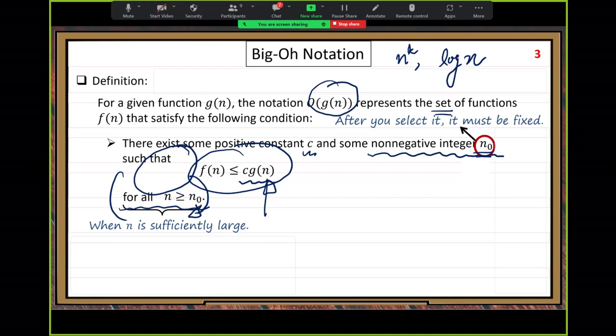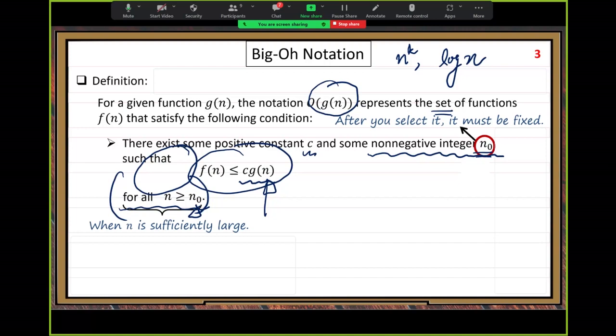Regarding this condition, n greater or equal to n0, there is another commonly used expression: when n is sufficiently large. Sometimes people do not write this n0 explicitly.